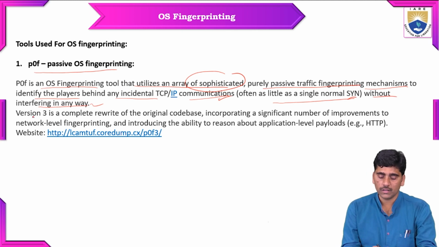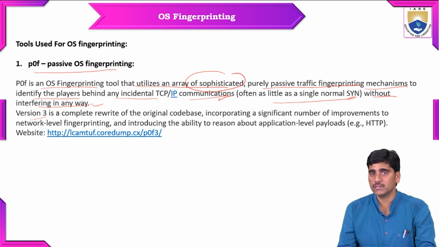There are different versions, but version 3 is a complete rewrite of the original code base, incorporating a significant number of improvements to network level fingerprinting and introducing the ability to reason about application level payloads.